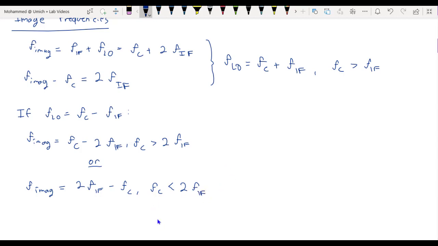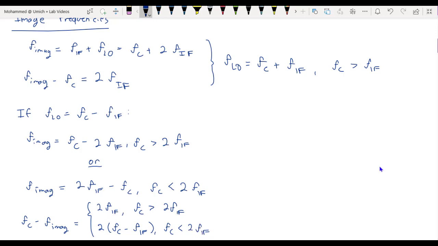This means that the separation between the carrier frequency of the desired station and the center frequency of the image band, Fc minus F_image, is 2 times FIF if Fc is greater than 2 times FIF, or 2 times Fc minus FIF if Fc is less than 2 times FIF.